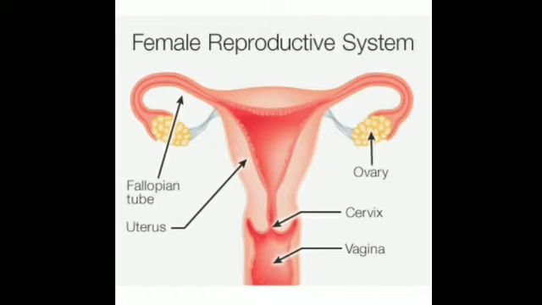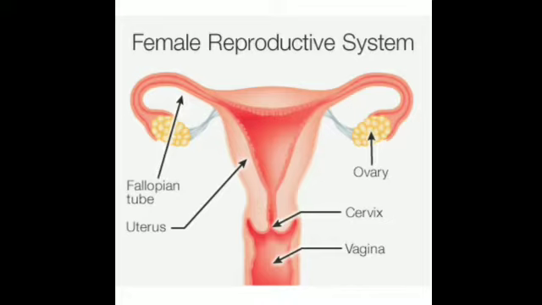What are ovaries? They consist of a pair of ovaries, and they are whitish oval bodies, and each ovary lies in the lower half of the abdomen on the side of the uterus. You can see on both sides of the uterus, on the left as well as the right side, the ovaries are present as whitish oval bodies.